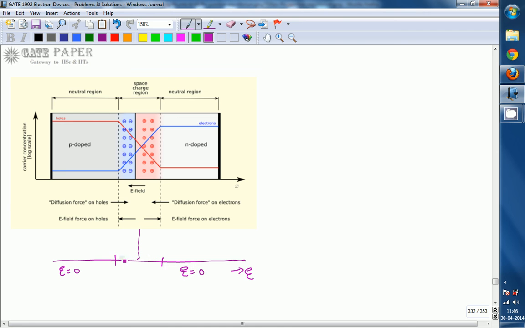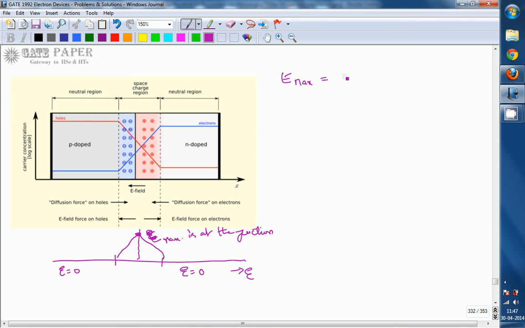The electric field is present only in the depletion region, and it is maximum at the junction. As you move away from the junction, the electric field reduces, and whenever you enter the P side as well as the N side, the electric field becomes 0.